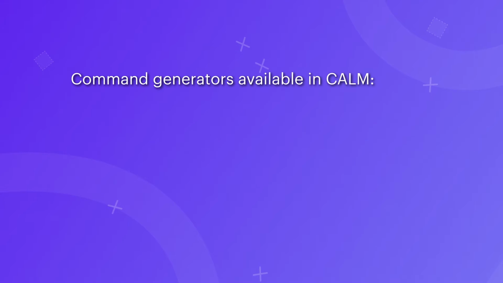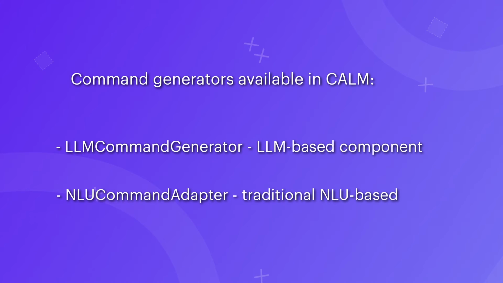At the moment, there are two command generators available, LLM Command Generator and NLU Command Adapter. LLM Command Generator leverages large language models to interpret the user inputs. For that reason, this command generator needs access to an LLM API of your choice.